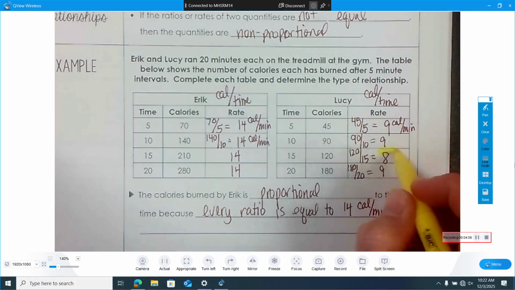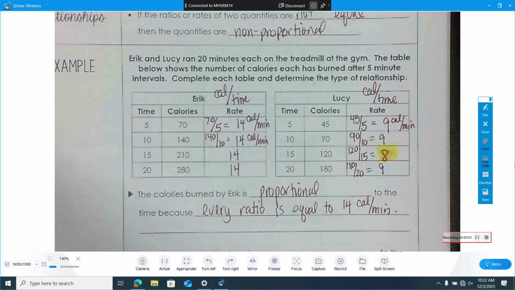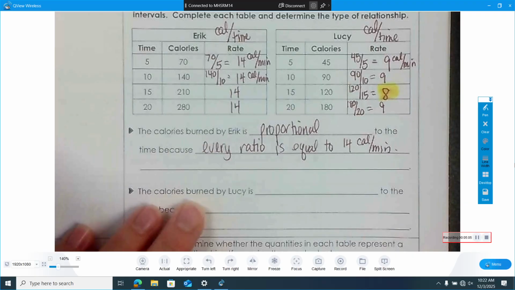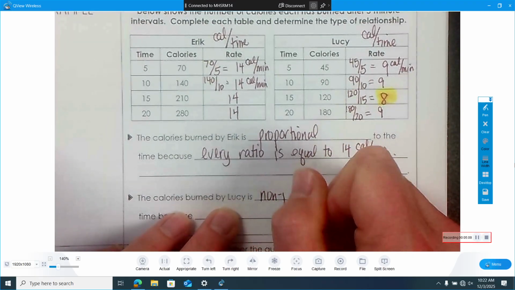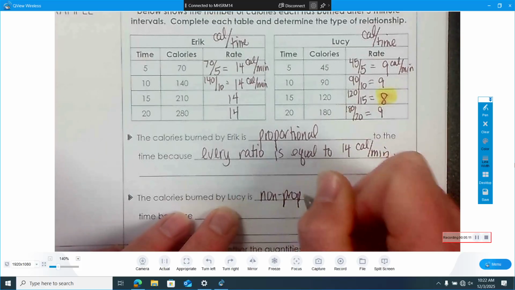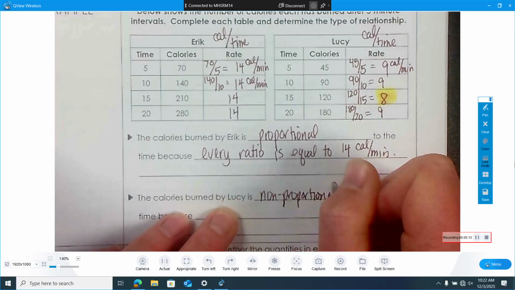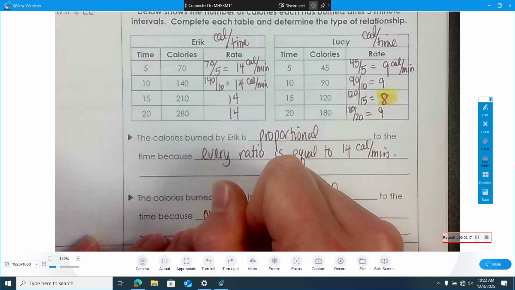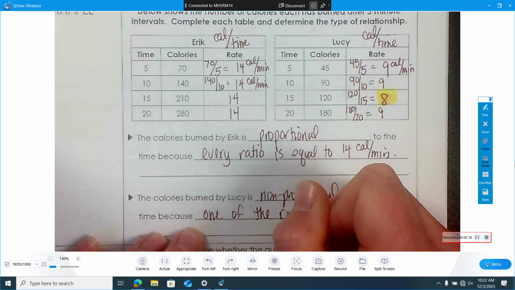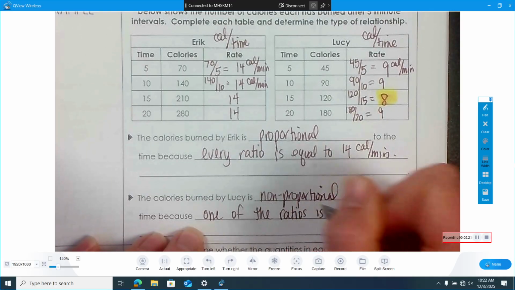So what's Lucy's? Non-proportional. And why is it non-proportional? Yeah, because one of them is different. Okay, so the calories burned by Lucy is non-proportional to the time because one of the ratios is different.